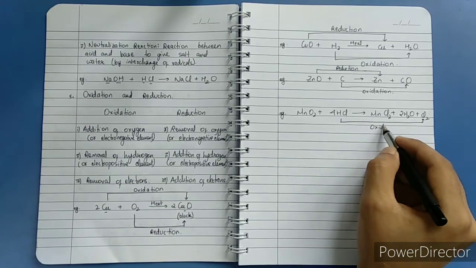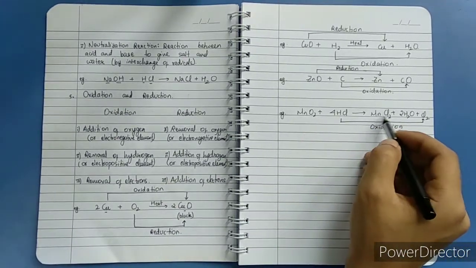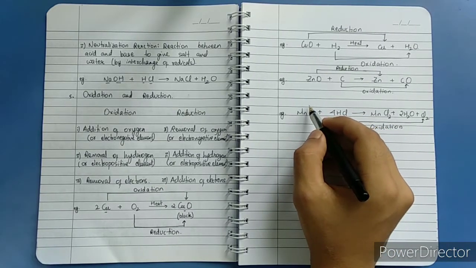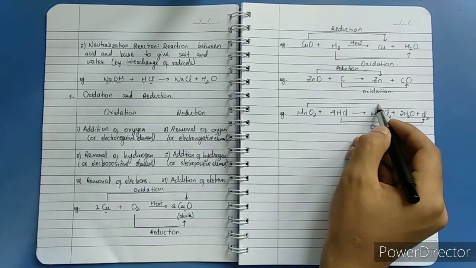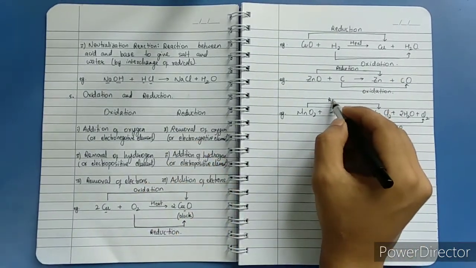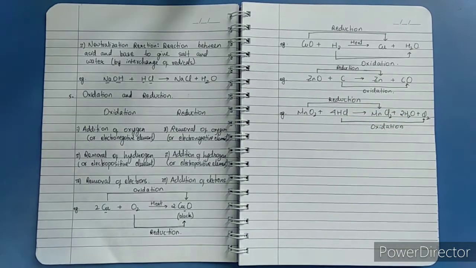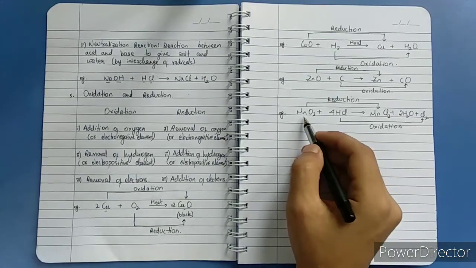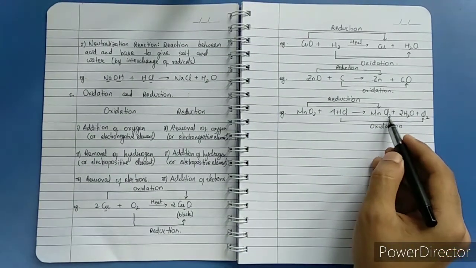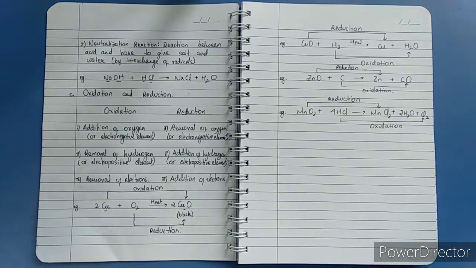So this is oxidation. And from MnO2 to MnCl2, oxygen is getting removed. So removal of oxygen is a reduction. Here we see that manganese oxide gets reduced to manganese chloride and hydrochloric acid gets oxidized to chlorine.